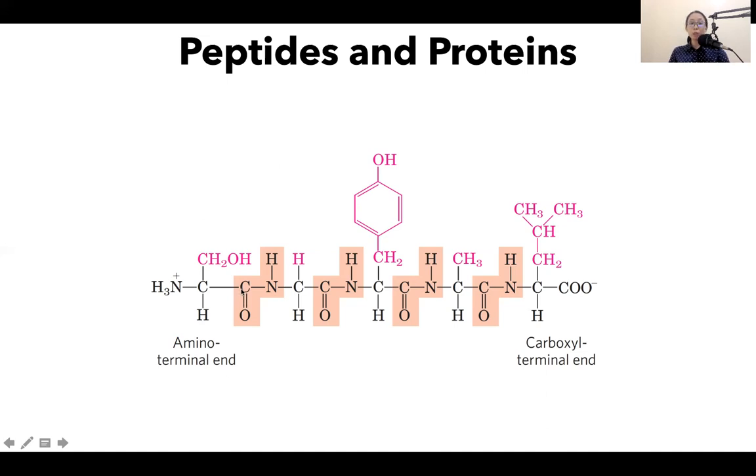Now, for very short peptides, sometimes people would write the name of the peptide. So, how do we write the name of the peptide? We need to identify the amino acid residues. So, we have here serine. This is glycine.